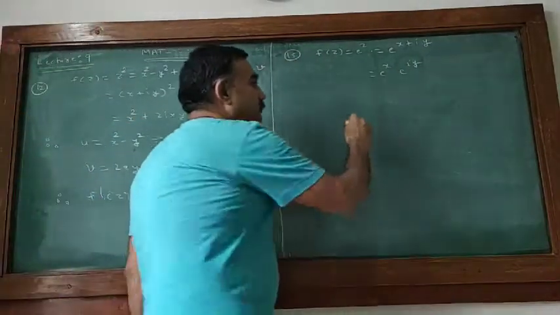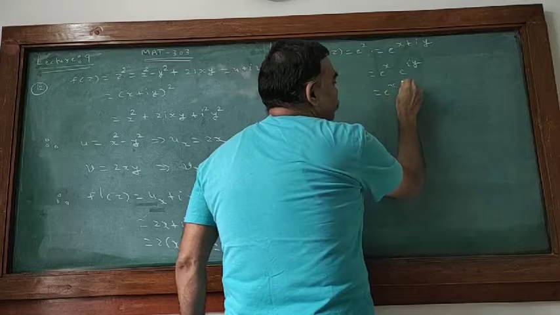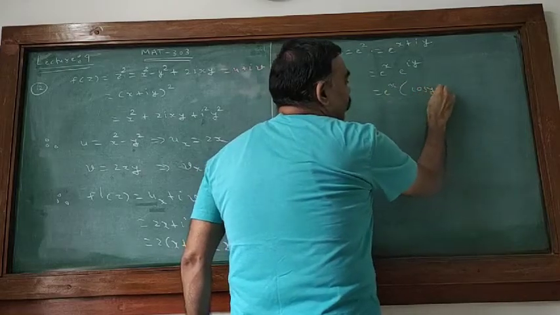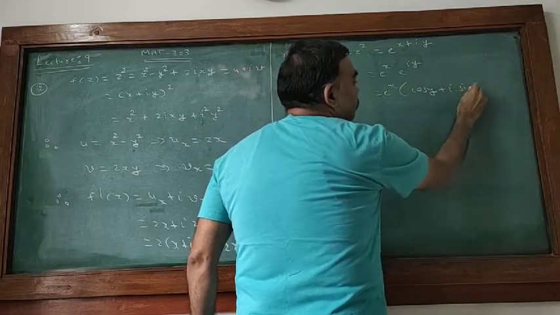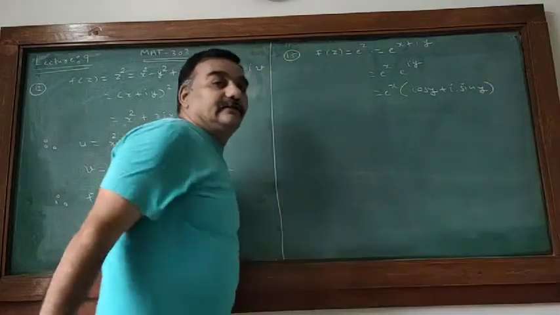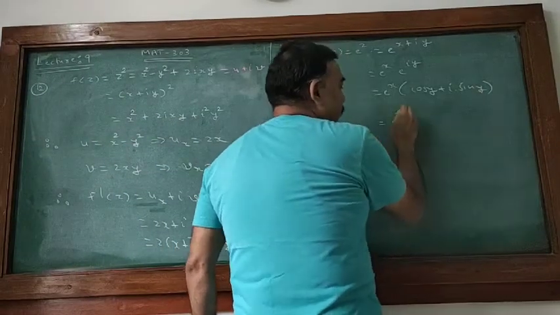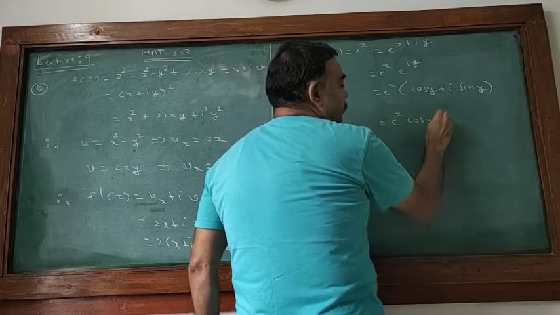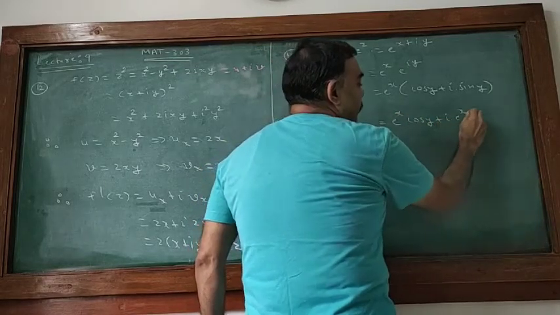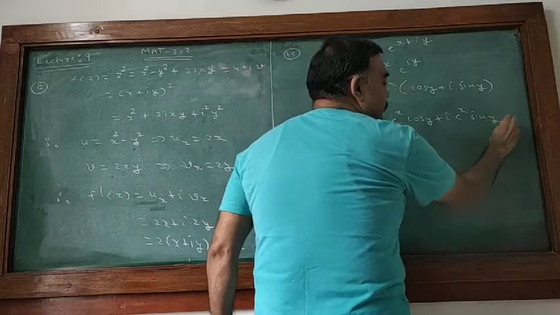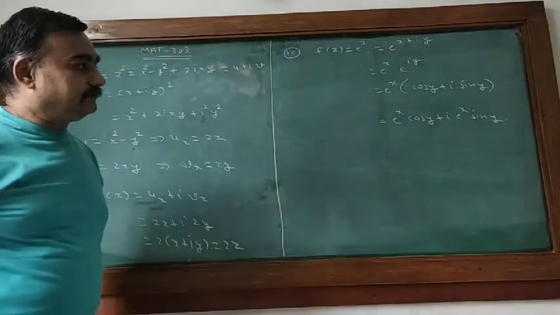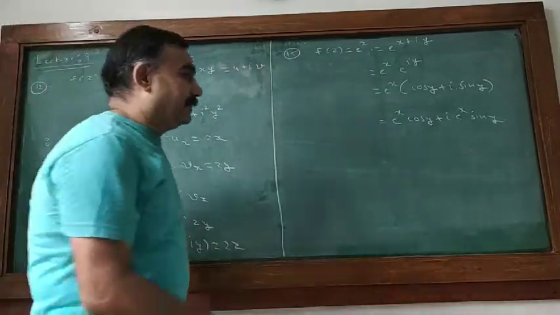So this is equal to e raised to x times cos y plus i sin y, and this is equal to e raised to x cos y plus i e raised to x sin y.